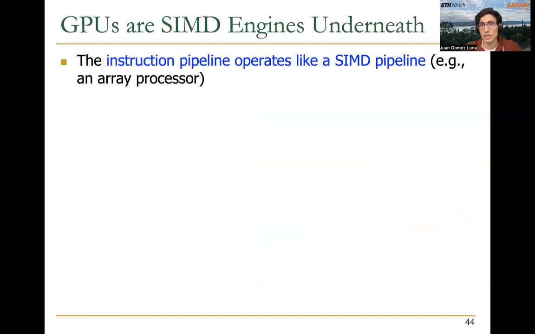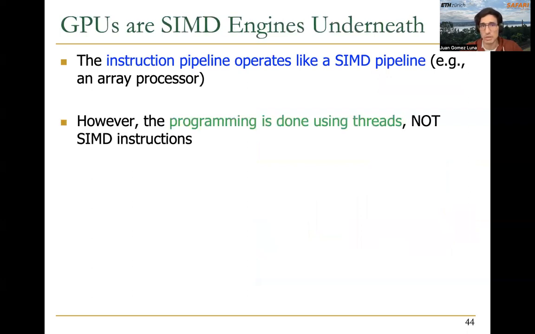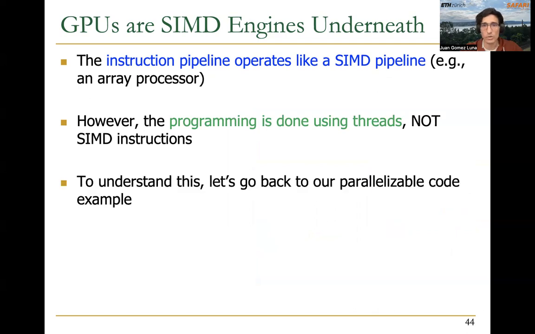Because GPUs in the end are just SIMD engines underneath. There is an instruction pipeline that operates like a SIMD pipeline. However, the key difference is that programming is not done with SIMD instructions, but using scalar threads. We are going to talk a lot about that in this course.